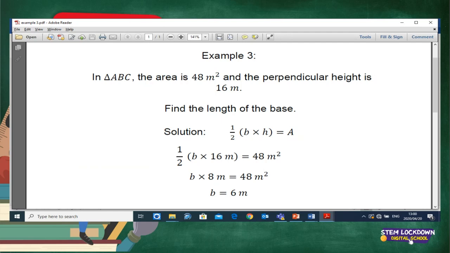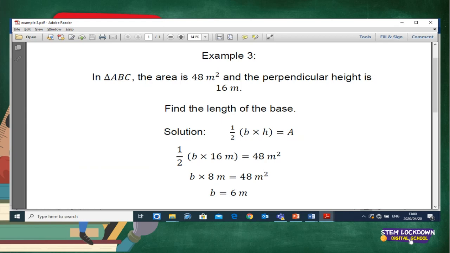So this is the example where you can apply the knowledge you have just gathered of calculating the area of a triangle. In this case, you are given the area. In the previous example, you were not given the area. You were given the base and the height, hence you were able to find the area.